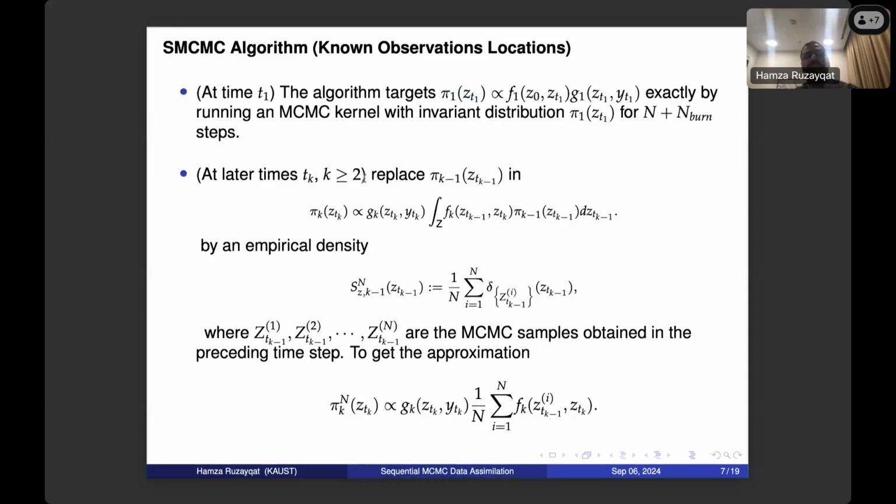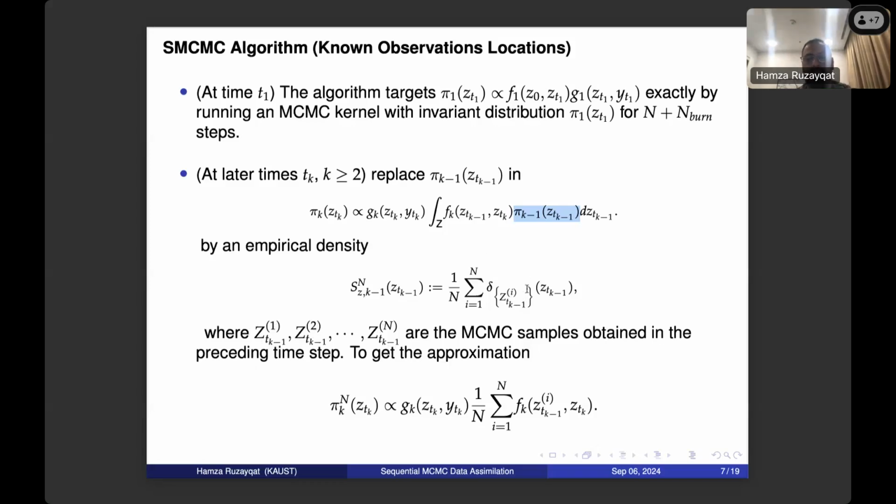But then at later observation times tk, k greater than or equal to 2, we replace this pi k minus 1, the filter distribution at the previous time, by an empirical density, which is 1 over n times the sum of the delta measures centered at the samples z_{t_{k-1}}^{(i)}, which are the samples obtained from MCMC at the previous time step.